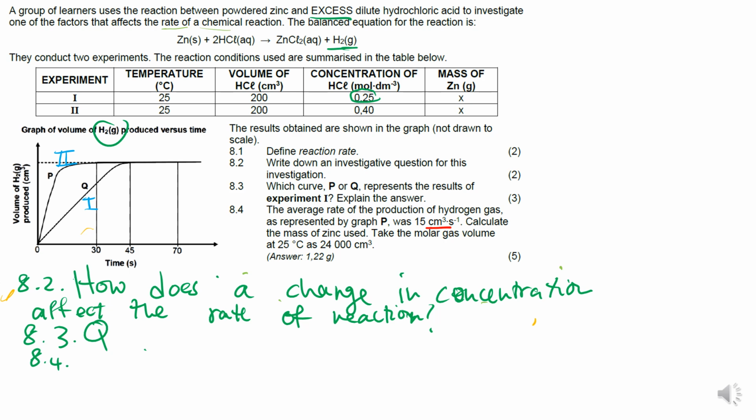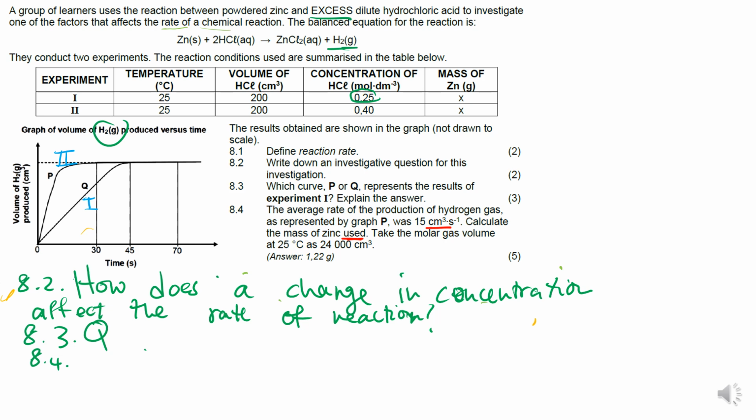And then remember that the mass of zinc used determines the amount of product that was formed. So if I have the amount of hydrogen gas formed, I can then use the mole ratio and work back to get the mass of the zinc that was used, by first getting the number of moles of zinc that was used.